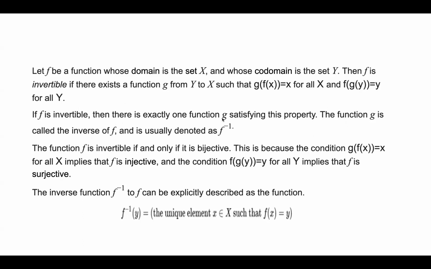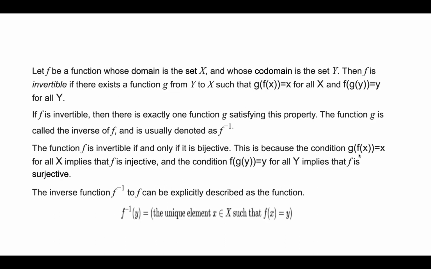The function g is called the inverse of f and is usually denoted by f inverse. And the must condition for inverse is that the function f is invertible if and only if it is bijective. It is injective also and it is surjective also. In that case only the inverse is possible for any function.